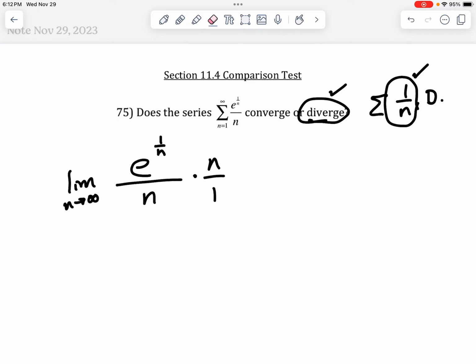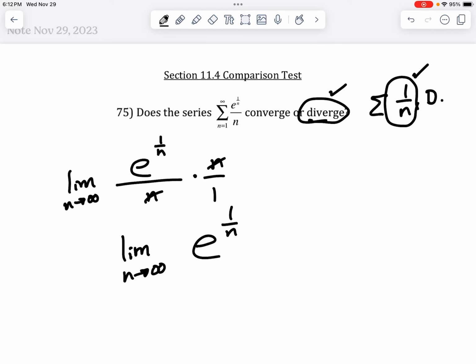So is this going to be an actual limit? And if so, what is it going to be? Well, as you can see, these n's can cancel. Those n's can cancel. And so basically it is, what is the limit as n goes to infinity of e to the 1 over n?